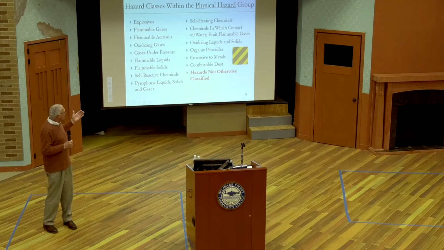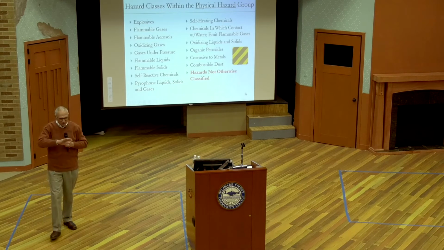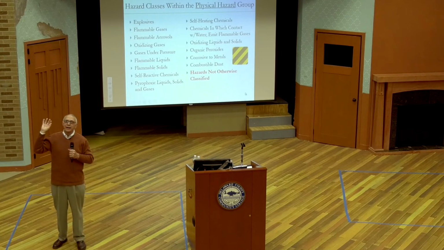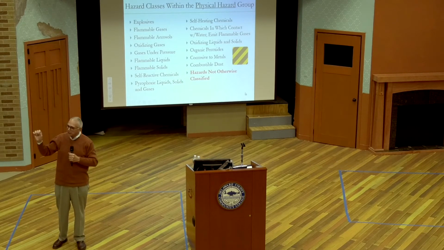I should probably mention, though, that I said this was a universal international system. It sort of is, but not quite, because some countries have decided to add things to the classification scheme, and some countries have decided not to.